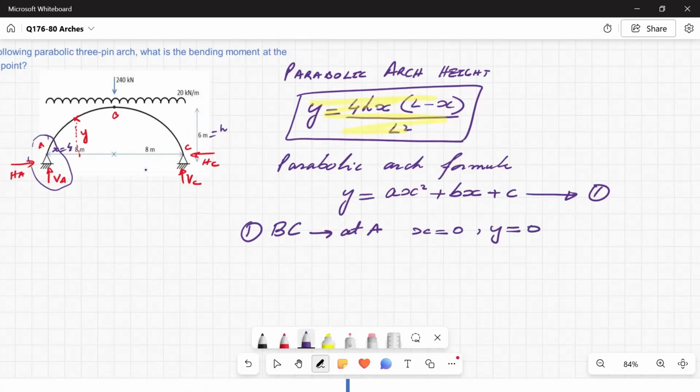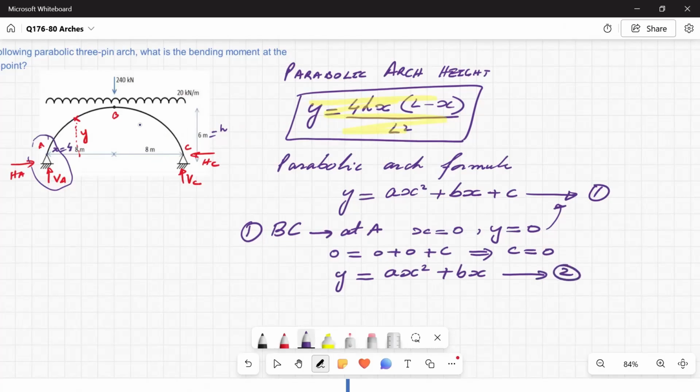So if I put this in this equation, I will get 0 equal to 0 plus 0 plus c. So from here I will get c equal to 0. And now at this stage, I will have y equal to ax square plus bx. Here c is gone, so this is my equation 2.